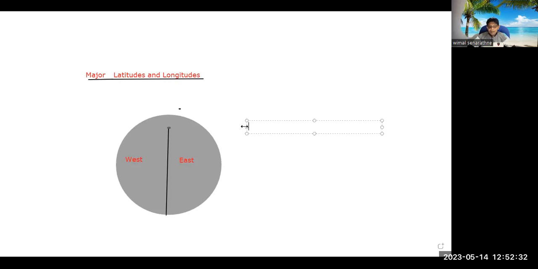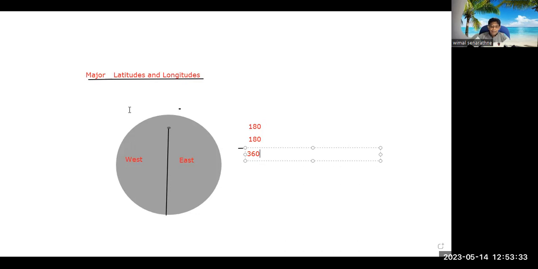Is it clear? Tell me the total number of longitudes: 360.